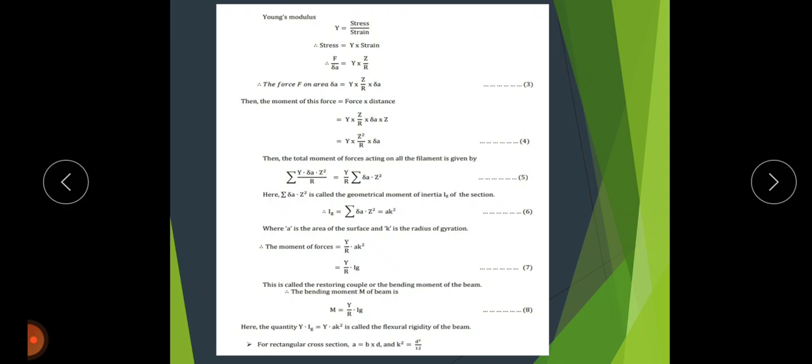Here in place of Z, we take the radius of gyration value K.